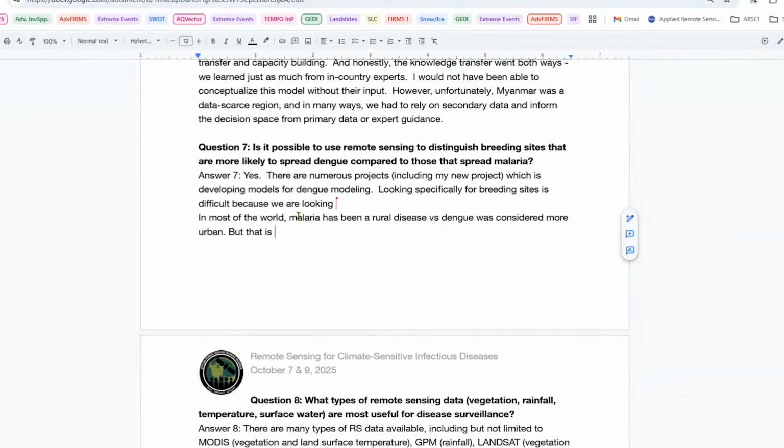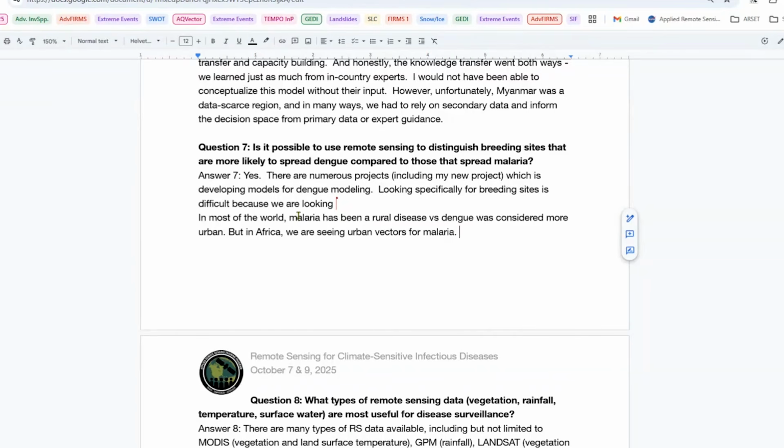In Africa now, with the emergence of Anopheles stephensi, the urban vector that can transmit malaria, it becomes nearly impossible to differentiate, because Aedes mosquitoes that transmit dengue and Anopheles stephensi can have their larval breeding sites in the same places. And the urban environment is particularly challenging because of the scale of observations.